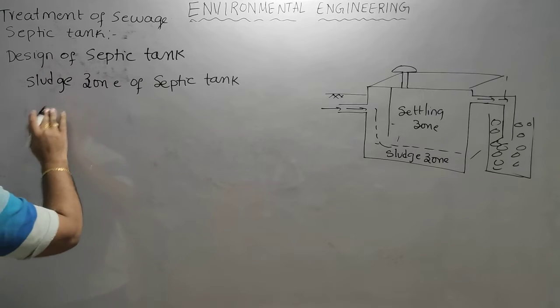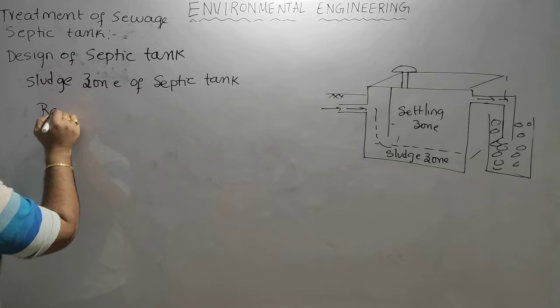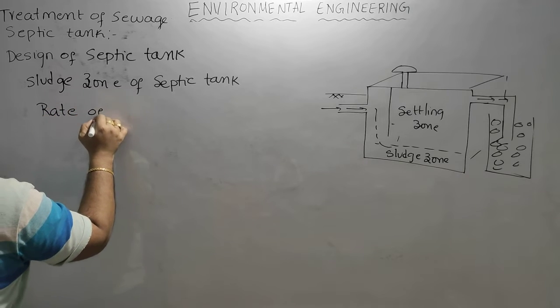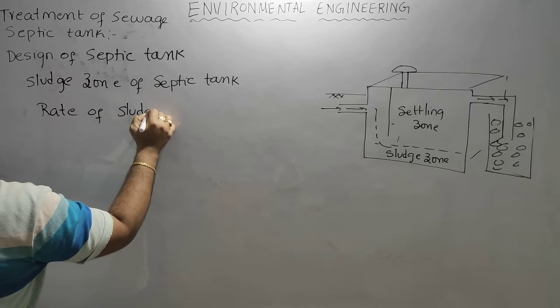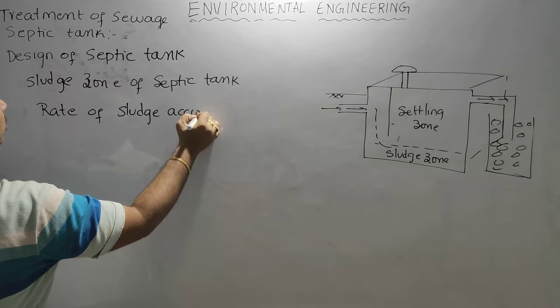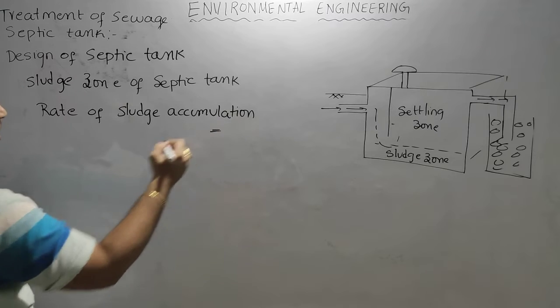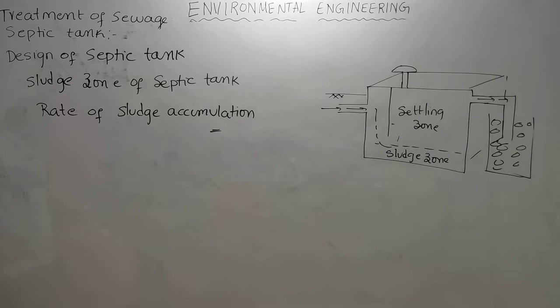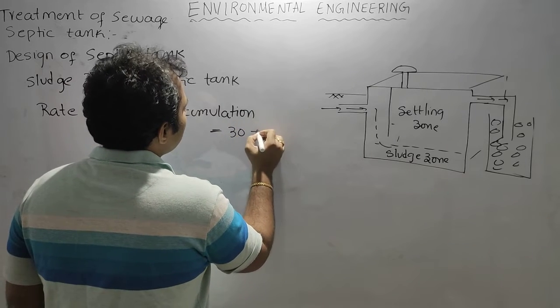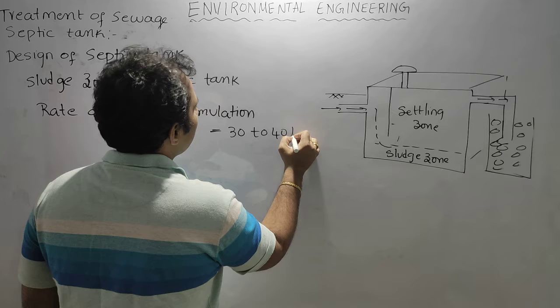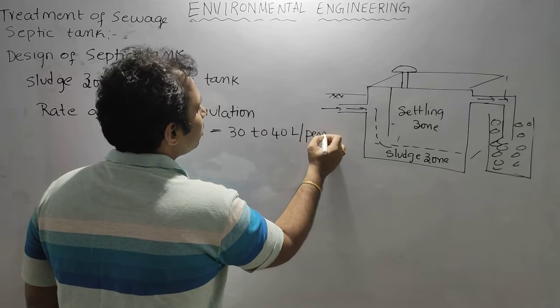Generally, we take the rate of sludge accumulation as 30 to 40 liters per person per year.